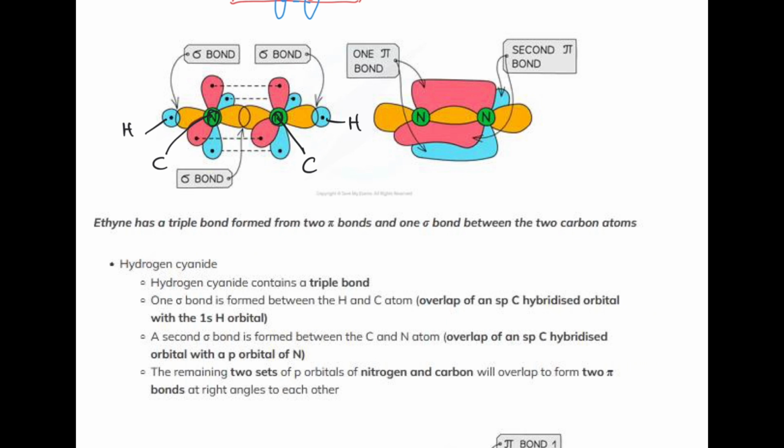Any questions so far? It's kind of complicated, right? I have to say that it's not that easy. Will I have to draw this in my exams? No, they don't ask.